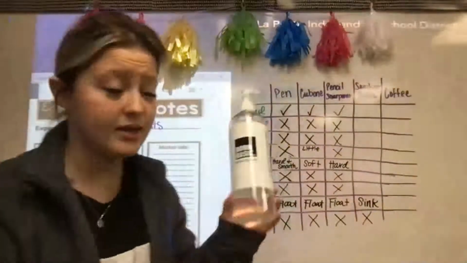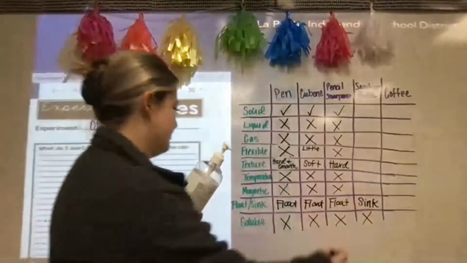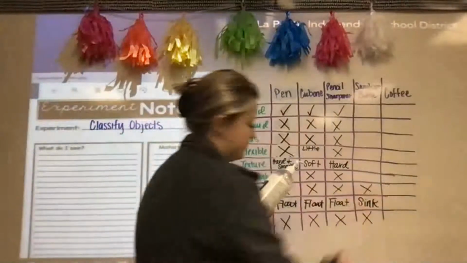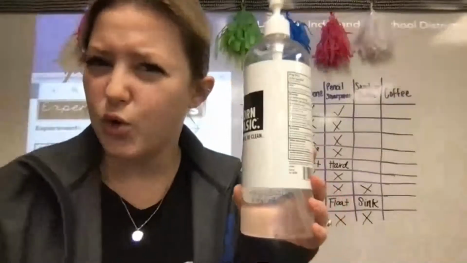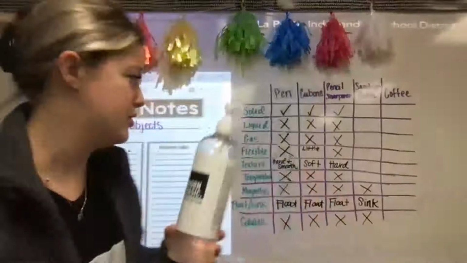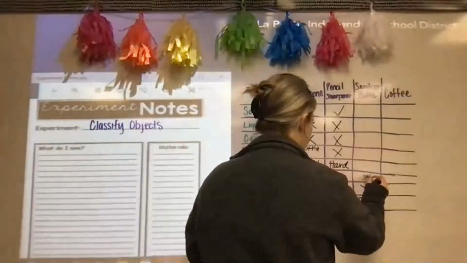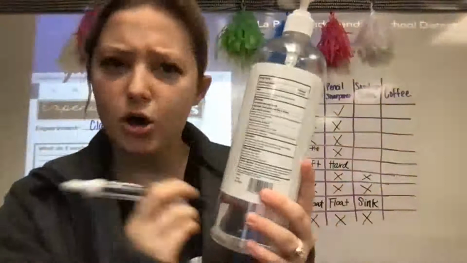Okay, is it magnetic? Nope, not quite. Temperature. The bottle does not have a temperature, my friends. The sanitizer might seem a little cool when it comes out, but the bottle does not indeed have a temperature. Now, it has a hard texture.